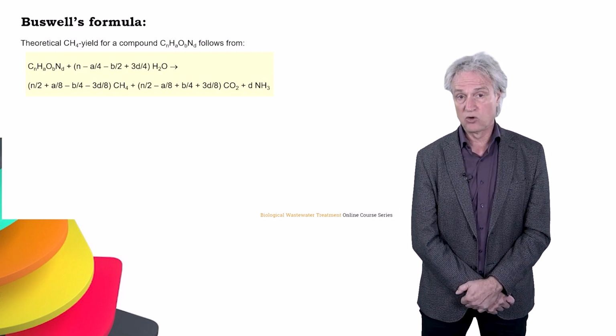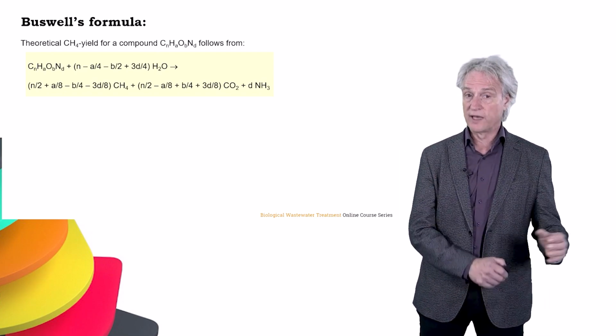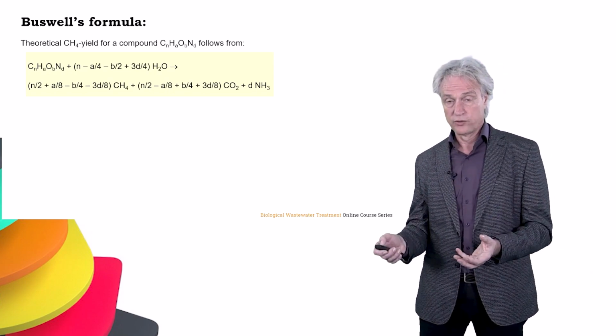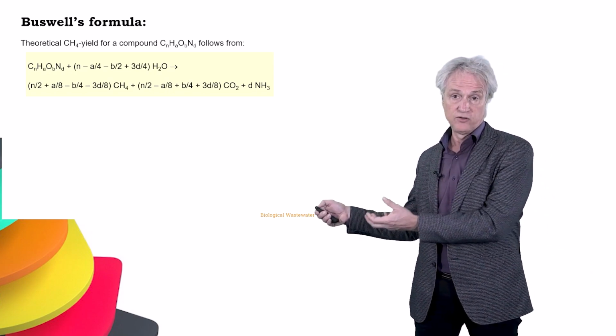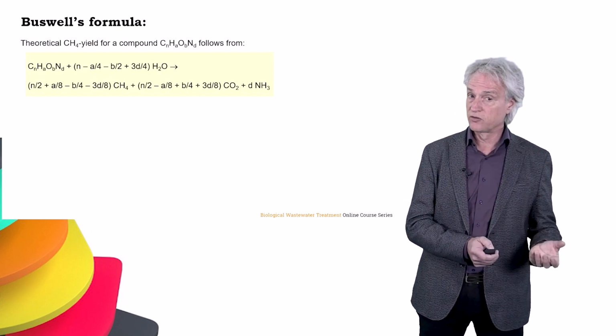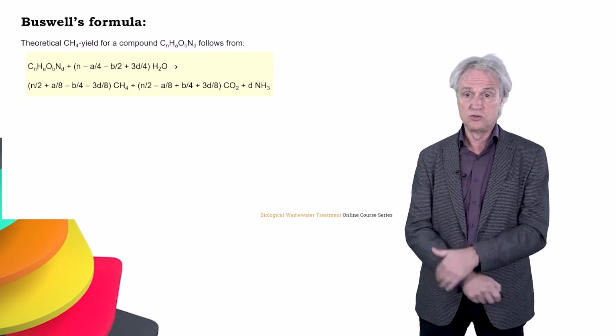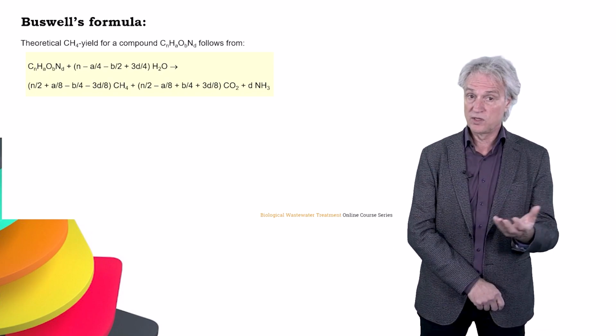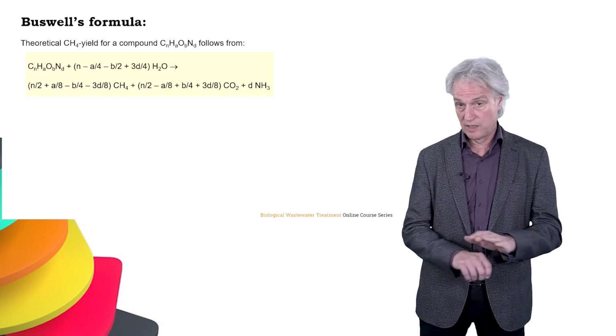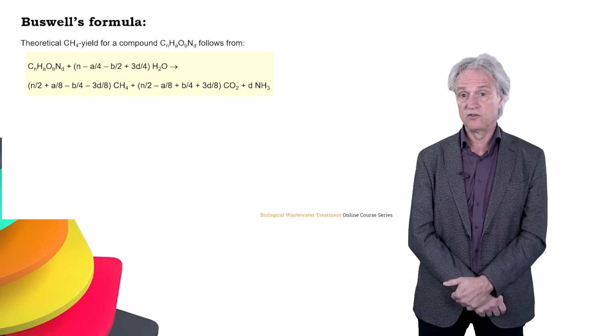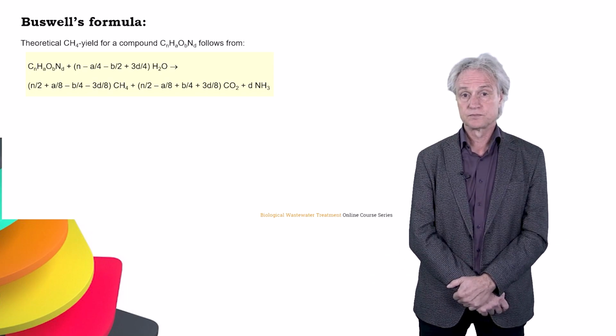This is the anaerobic conversion of organic matter with water to finally methane and CO2 gas. And if the compound is known, you can exactly calculate how much methane and how much CO2 we get. And what you can also see here, it's completely dependent on the average oxidation state of the carbon.